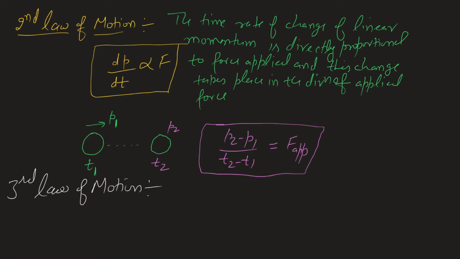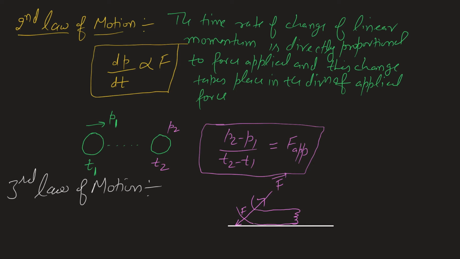Like we have this ground, and if I say this is the ground, and we have a foot, say this is the foot. I am not good at drawing, but I will still try. So it is pressing this ground with force F, and equal reaction is offered by the ground, that is also F in this direction.